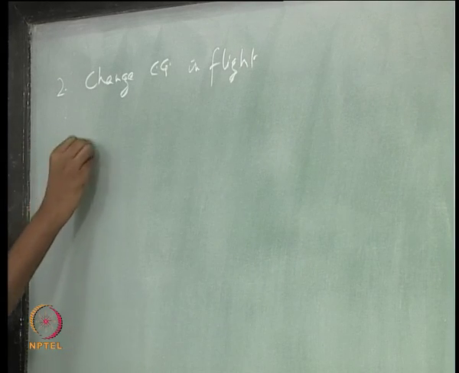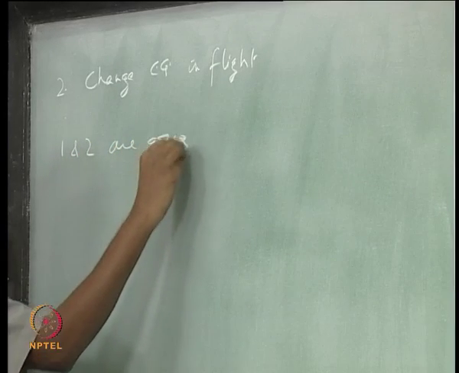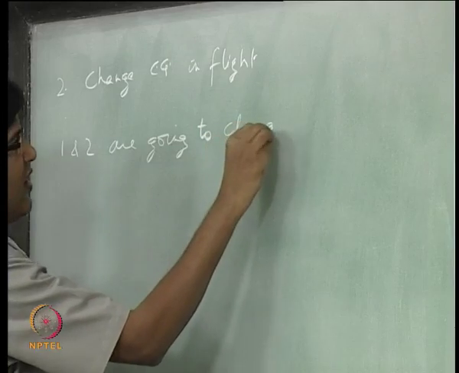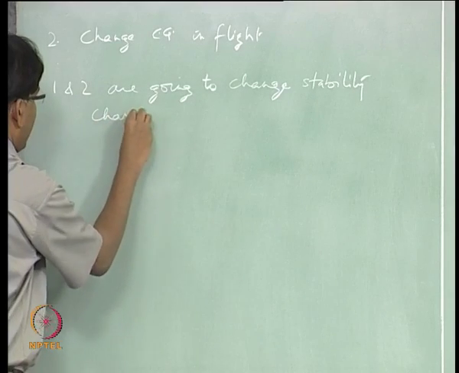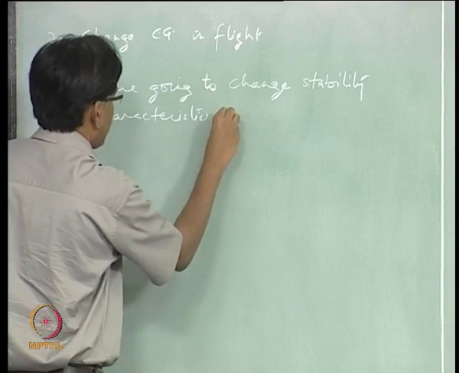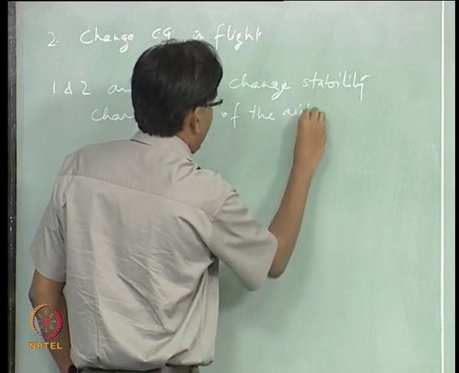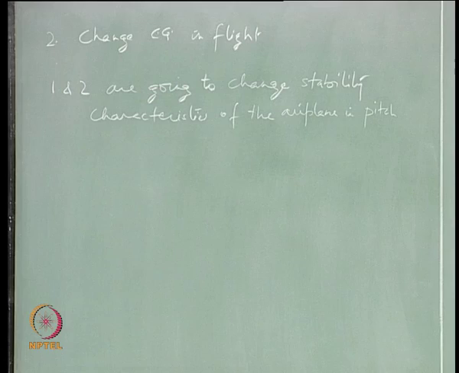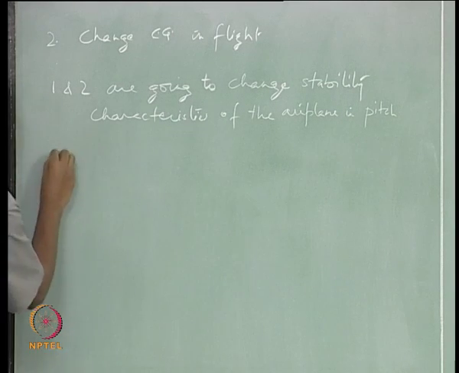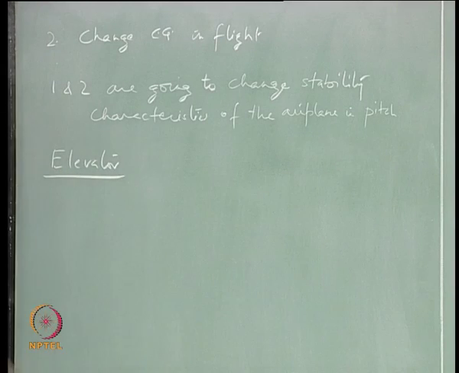So, 1 and 2, okay. I do not want to do that, right, I do not want to do that, and that is where we come to the third control that we talked about, that is use of elevator, right.